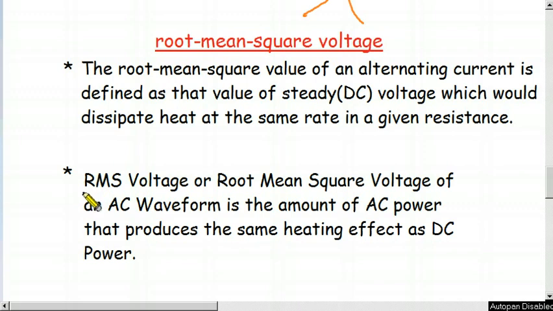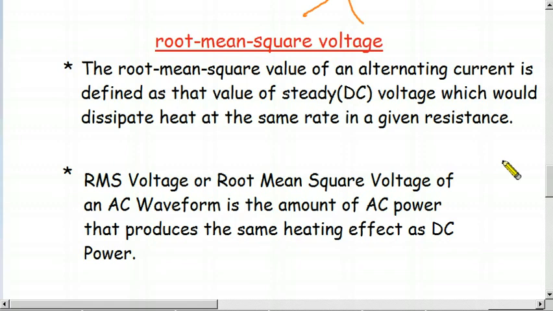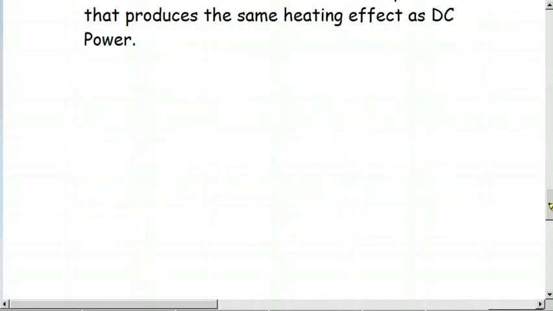The next one: the RMS voltage, root mean square voltage, of an AC waveform is the amount of AC power that produces the same heating effect as DC power. Children, now I am going to explain this to you, because I think you can't understand these words.